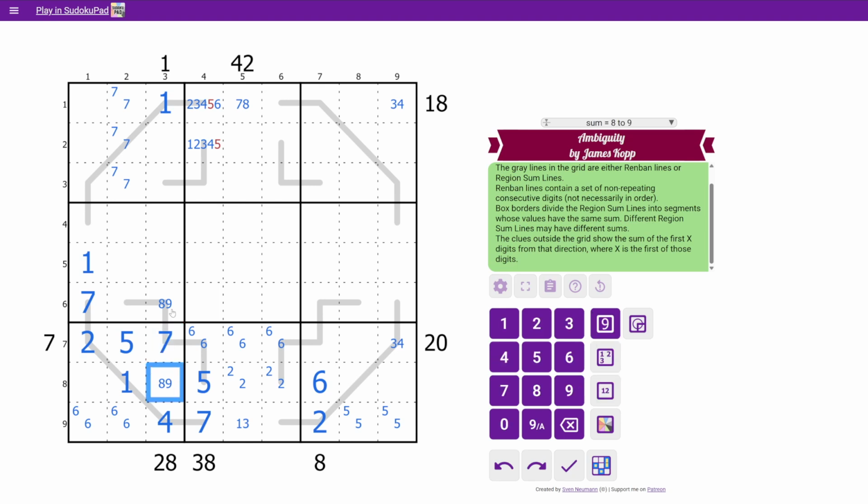I think I had mentioned that earlier as well. This is a 9 combo for the column only. So this is going to be a 4, 6, 8, or 9 only. Those are the options there. It can be nothing else.